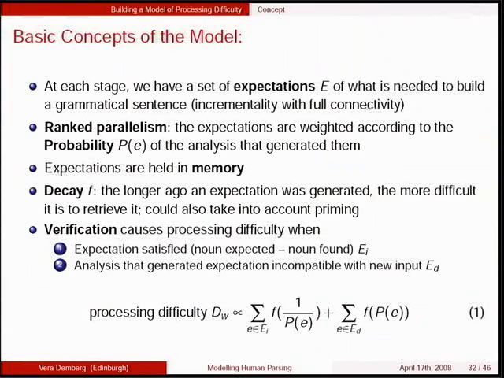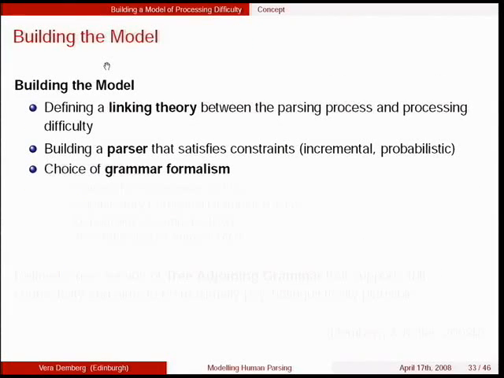And if I had a very strong expectation for something to come up, but it didn't, I have to forget the analysis that I was building up so far. If that was a really high probability analysis, then that's going to be very difficult as well. This is just the formula that formalizes this model.